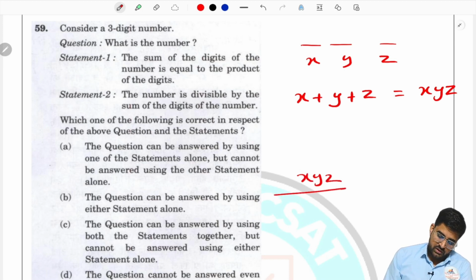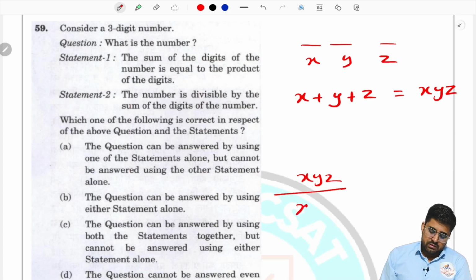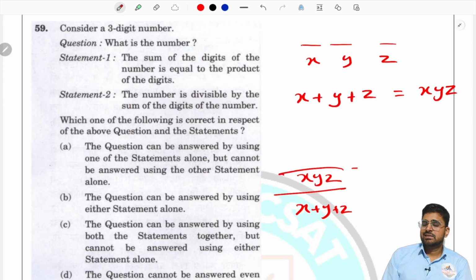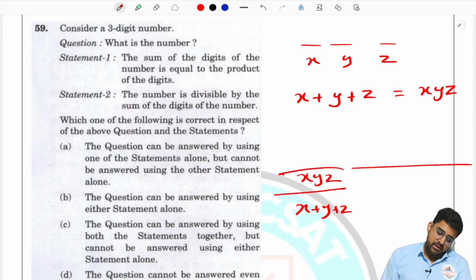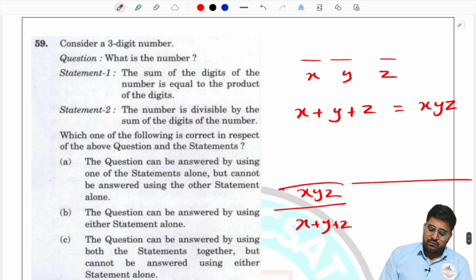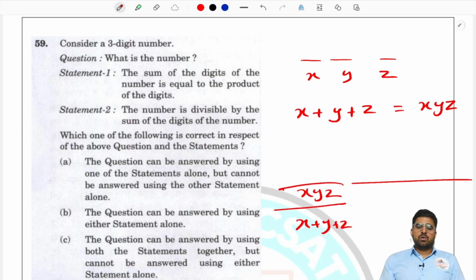Try to comprehend statement 1 first. Here you have to put some values which satisfy this equation. If you have enough practice, there is one concept called placing 1, 2 and 3.